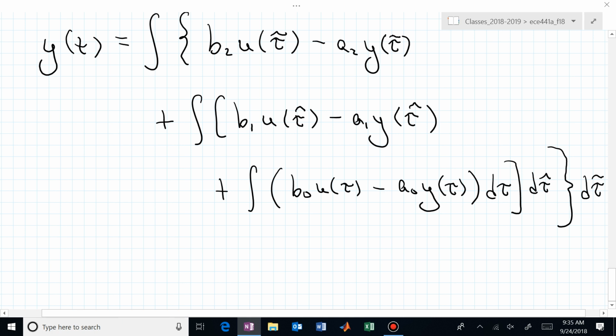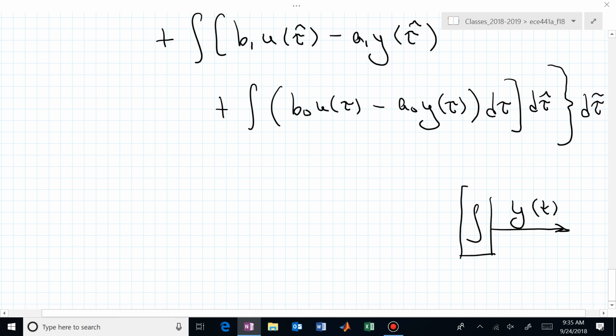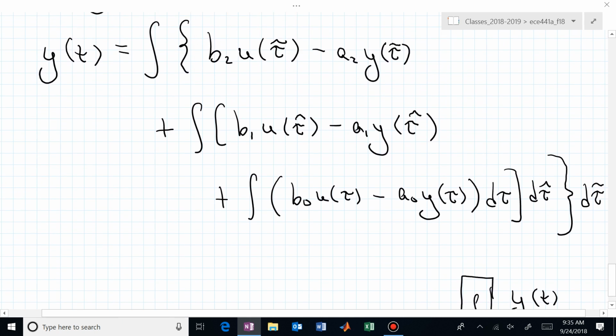What is y? Well, y is the output of an integrator. So I'm going to start that on the far right-hand side and say here's y of t, and that's the output of an integrator. Do you see where that's coming from? Now, what's the input to that integrator? Well, it's inside these curly braces.